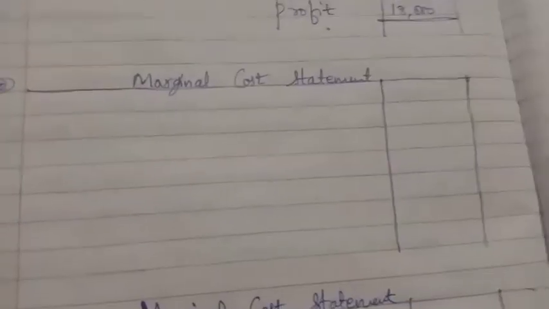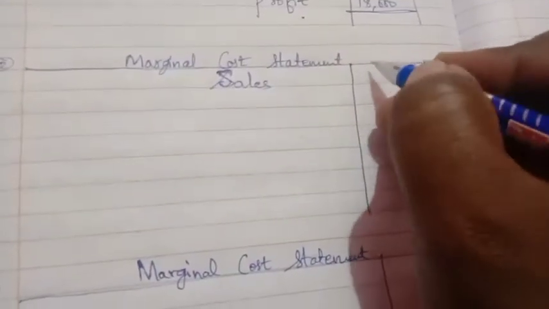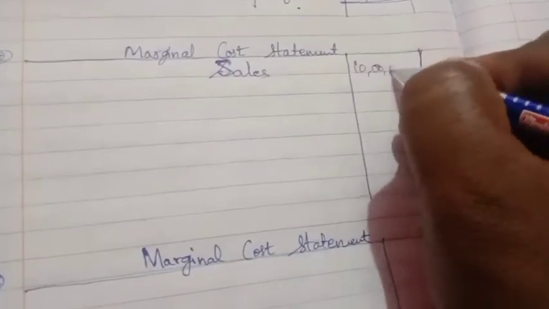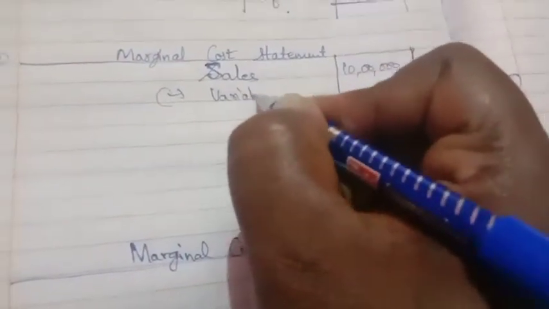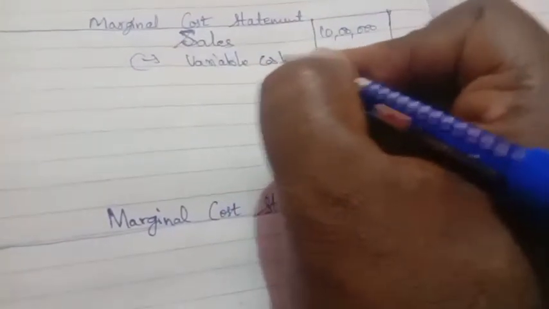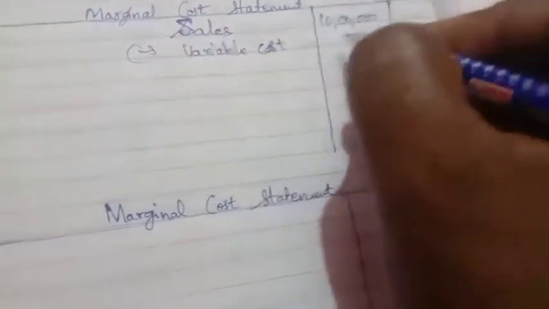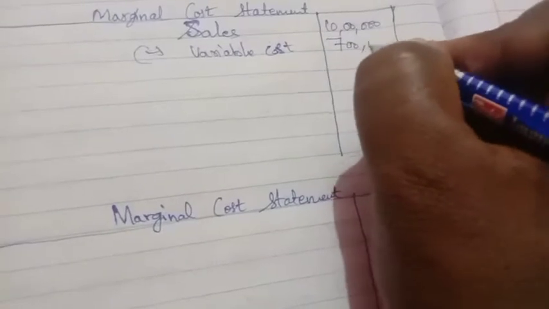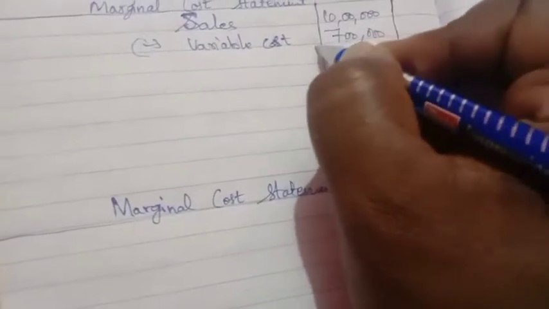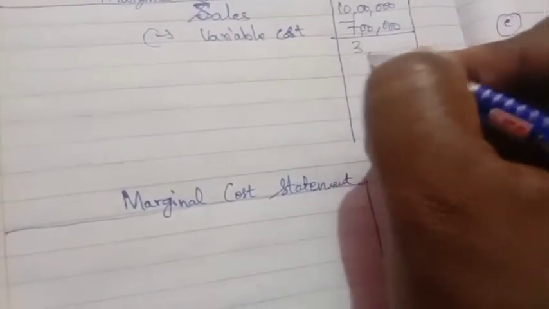Okay, first we'll take sales. Sales is given, 10 lakh, less variable cost 7 lakh, difference 3 lakh.